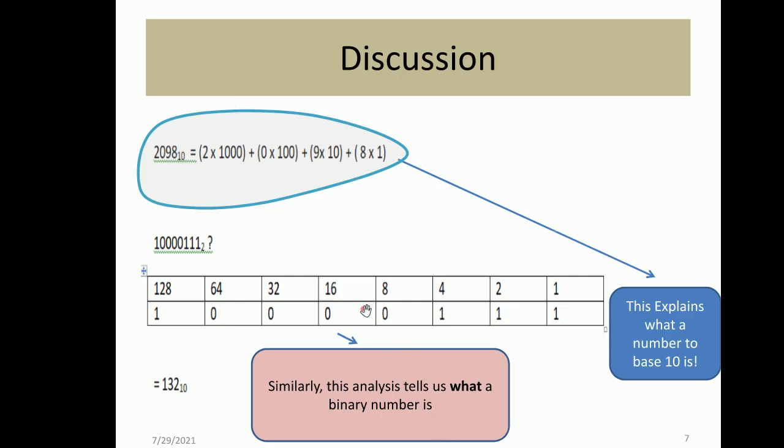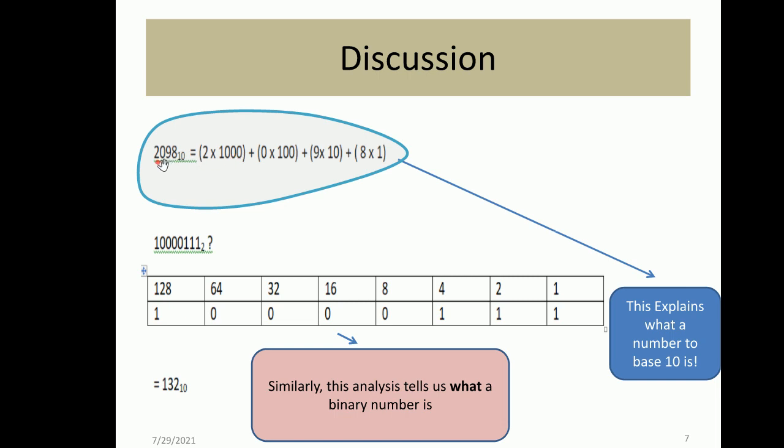So have a look at this representation of the decimal number 2098. Right? What this number actually means, looking at the first decimal digit 2, is 2 times 10 raised to the power of 3. Right, 2 times 1,000.